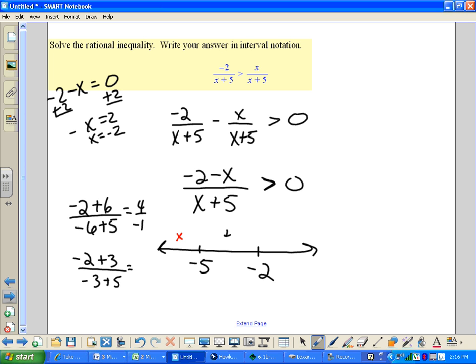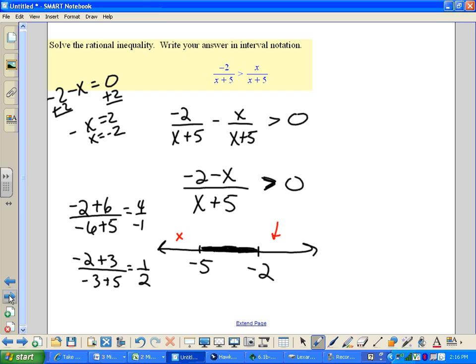That's going to give me 1/2. And so we've got to think, is 1/2, that's a positive number, is 1/2 greater than 0? Yes, it is. So we're going to have this section be a part of the solution. Okay, and we'll do the endpoints in just a minute. Okay, let's do one more test here. We have to test parts over here.